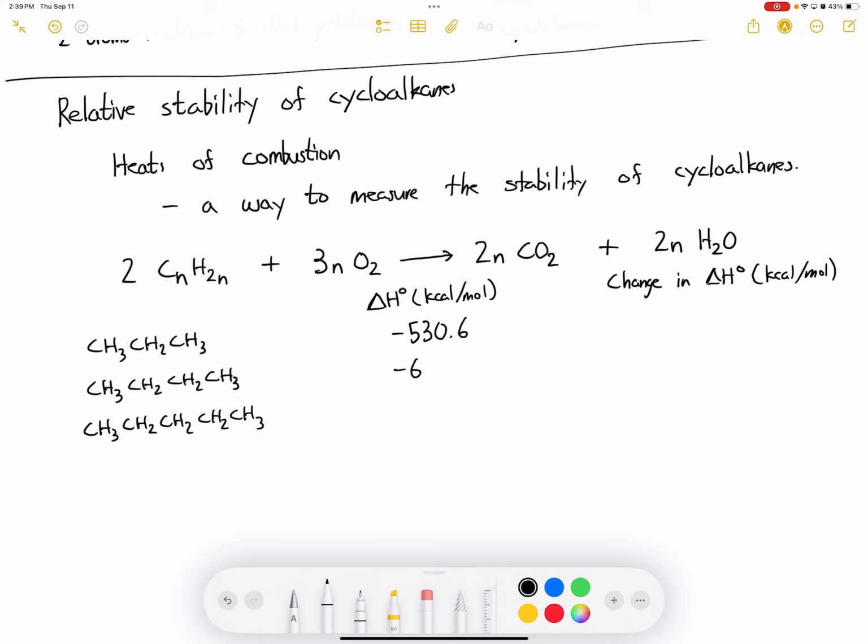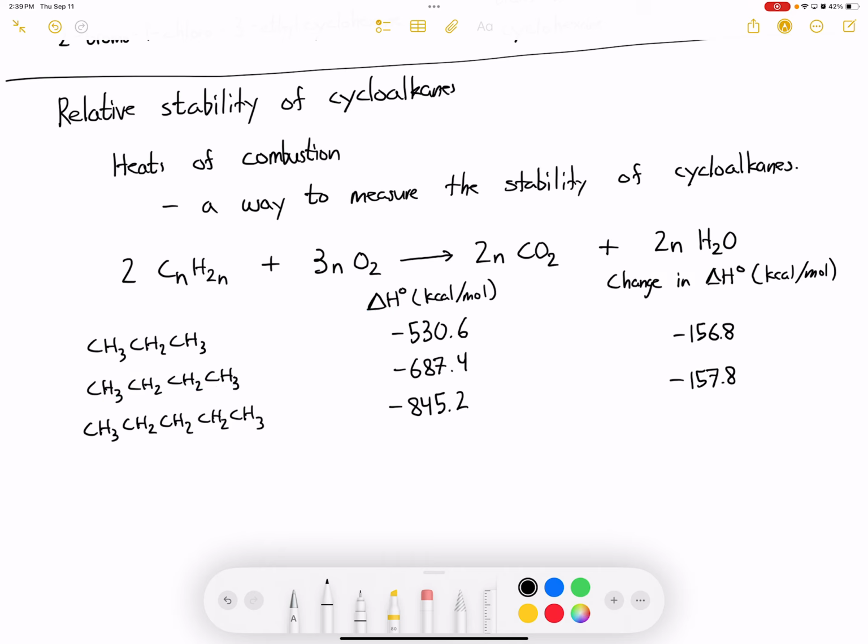Butane is negative 687.4. And then negative 845.2 for pentane. Let's calculate the change from propane to butane, and butane to pentane. Between 3 and 4 carbons the change is 156.8, and from 4 carbons to 5 carbons it's very similar, negative 157.8.